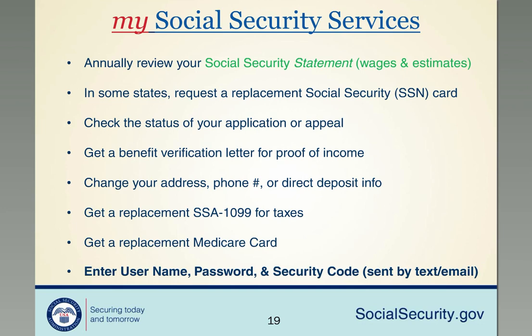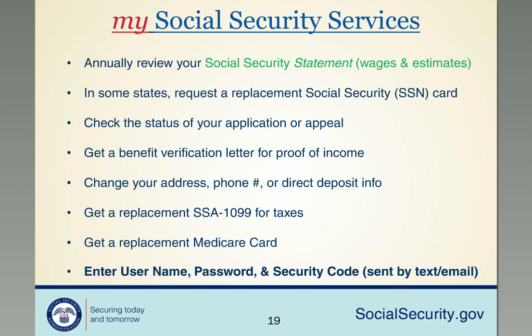Also, by having this account, in many states, not all states, but many states, you can actually request a replacement Social Security card. Now, our intention is to roll this out to all states, but at this point, not all states have this option. We have to make agreements with state governments in order to allow this to happen. But in most states, you can actually get a replacement Social Security card by having a My Social Security account. You don't have to go into an office.